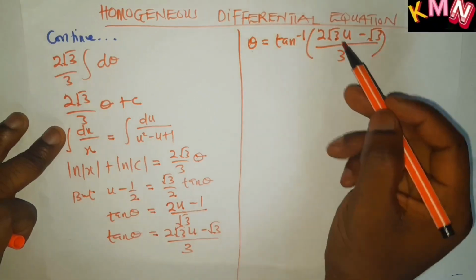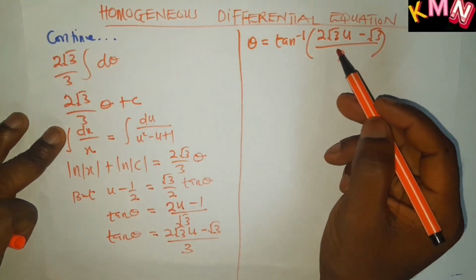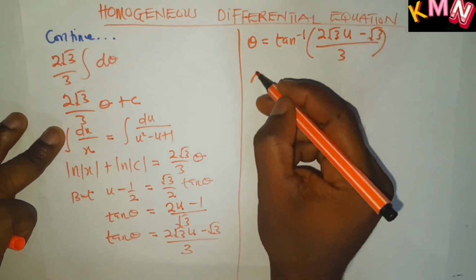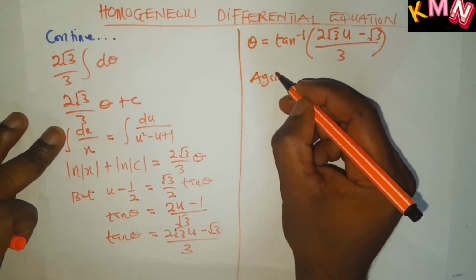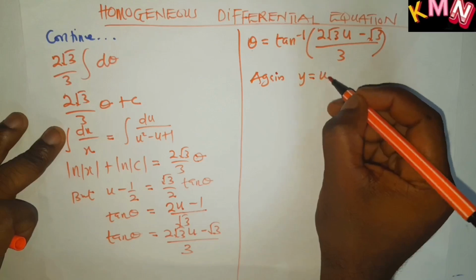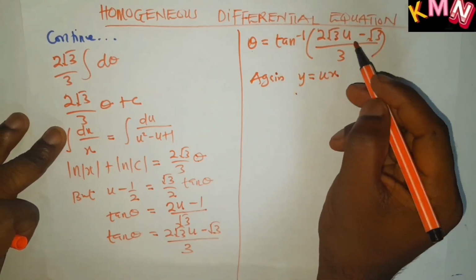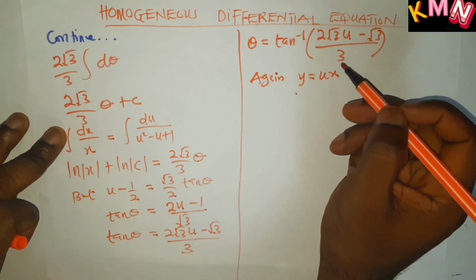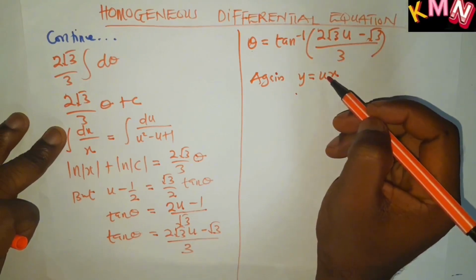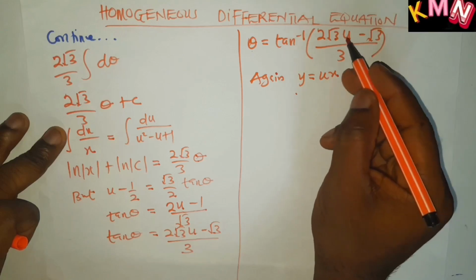So now that we know the theta, we shouldn't forget that, from y equals ux, we can find the u, because everything was supposed to be in terms of x and y, since our original question was in the form of x and y. So let's substitute this u.